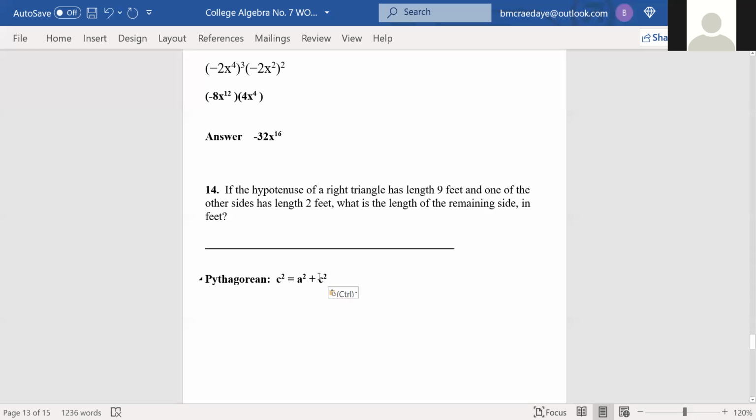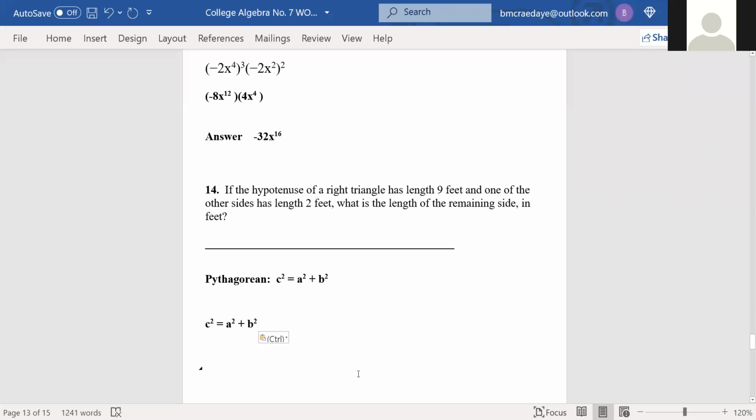And you said c squared is the longest side, right? The hypotenuse. So what was the value of the hypotenuse in the problem? What did they give you, Latoya? 9 feet. That's it, right here. The hypotenuse of the right triangle has a length of 9 feet. Remember, Pythagorean only holds for the right triangle.